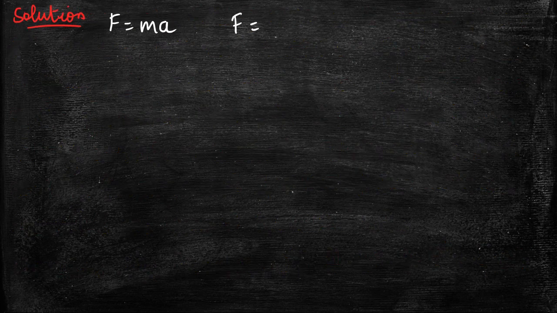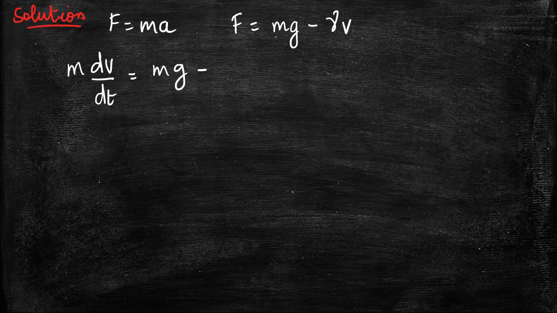So it is also experiencing the gravity along with minus gamma v. Okay, so now I can equate these forces: ma equal to mg minus gamma v. But here, in order to form a differential equation, I'm going to write a as dv by dt, which is change in velocity. Change in velocity is acceleration, right? So I'm going to write that.